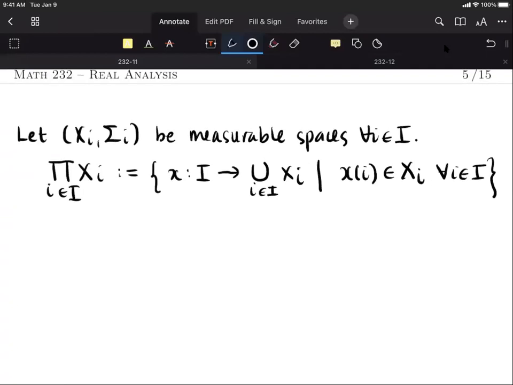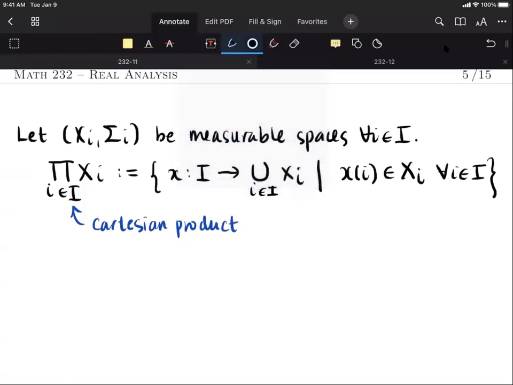Okay, so this might be a weird definition of a Cartesian product of sets, but you can see that this coincides with the case where you have only a finite set I. So this definition is consistent for Cartesian products of a finite collection of sets.